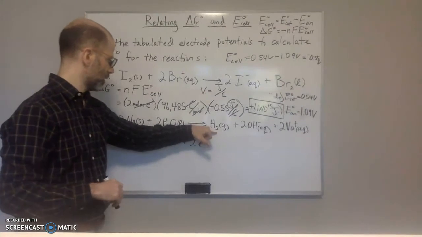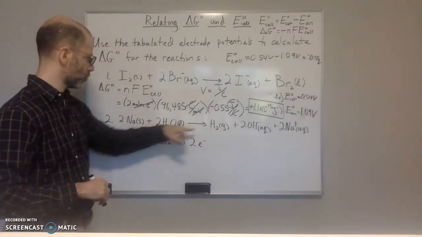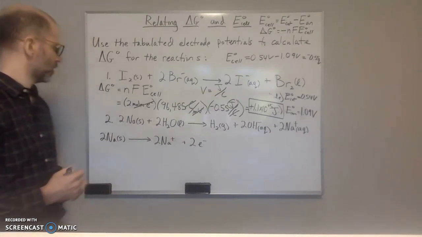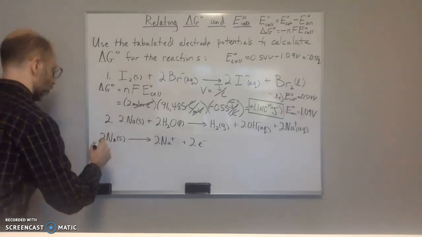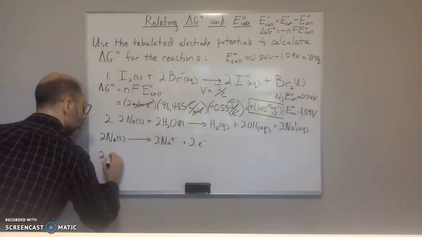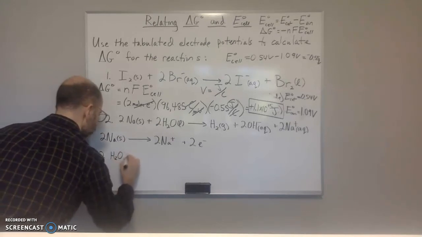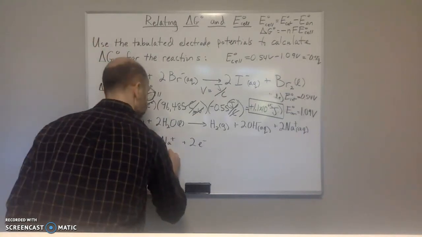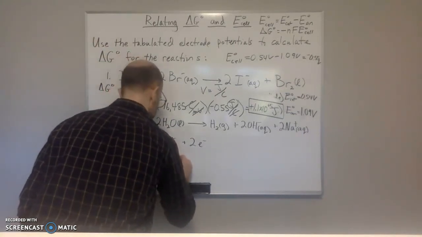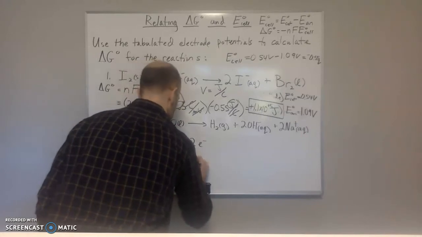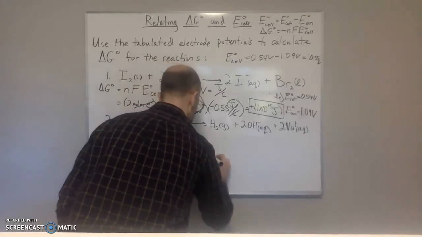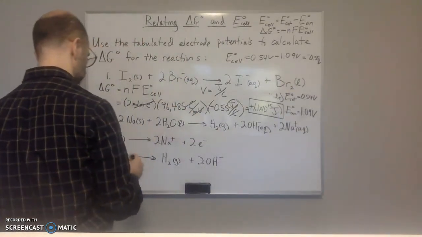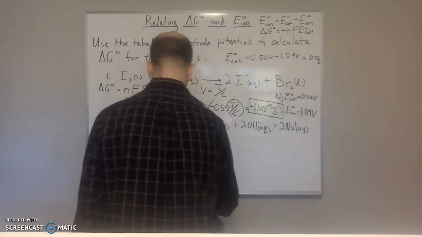It looks like hydrogen is going from +1 to H2. So when we write that down, we're going to have 2 H2O liquid going to H2 gas plus 2 OH minus.